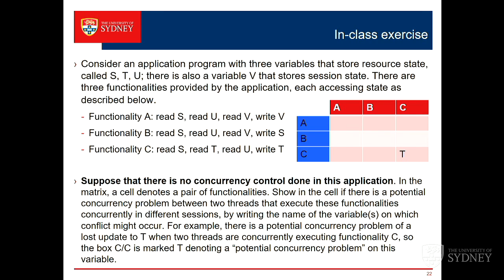So, V is session state, which is not shared, therefore V can't be a problem. So we'd ignore V. If we run two copies of A concurrently, can they interfere with each other?